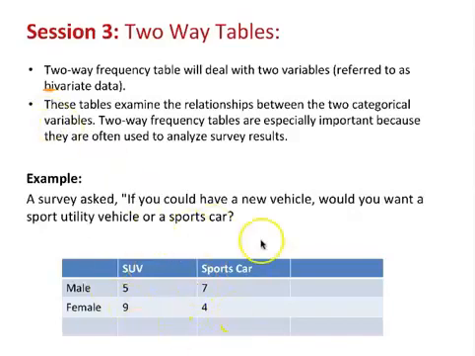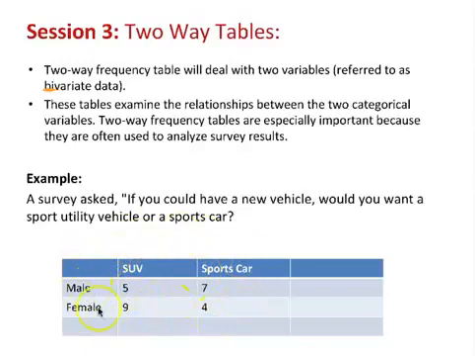So here's an example down below of a two-way table. We are comparing two sets of variables, or bivariate data. So if we were to ask a group of people and divide that group into males and females, those would be our two categories, whether they would prefer to have an SUV over a sports car, and then for each category of males and females, record the answers.